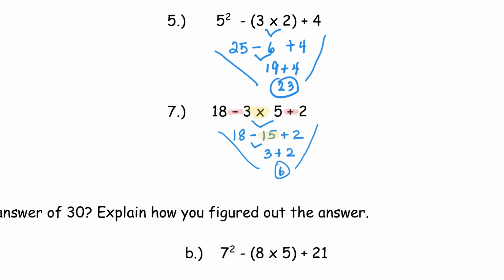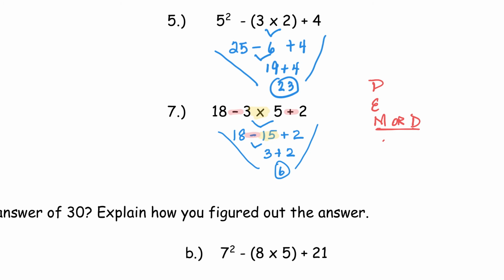The subtraction comes first. This comes first because in the order of operations, it says parentheses, exponents, multiplication or division, whichever comes first in the problem. It does not mean multiplication comes first.